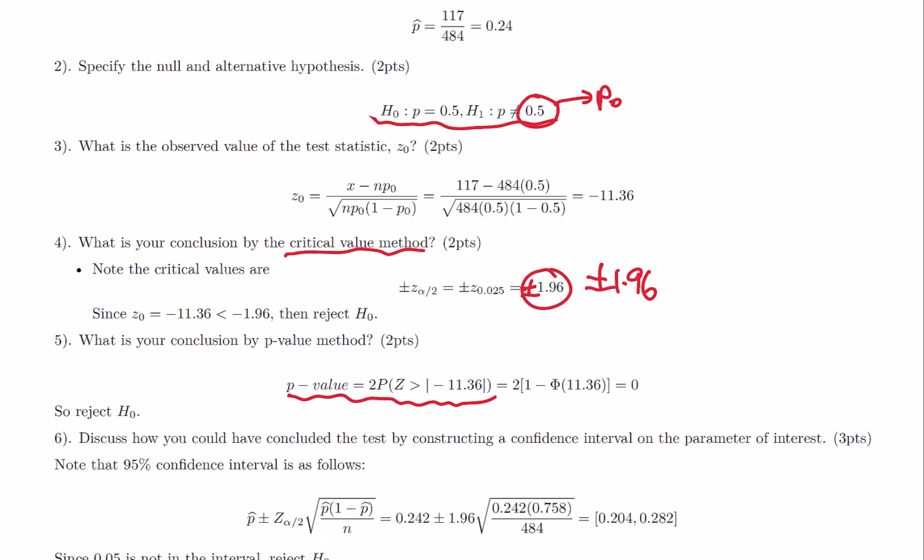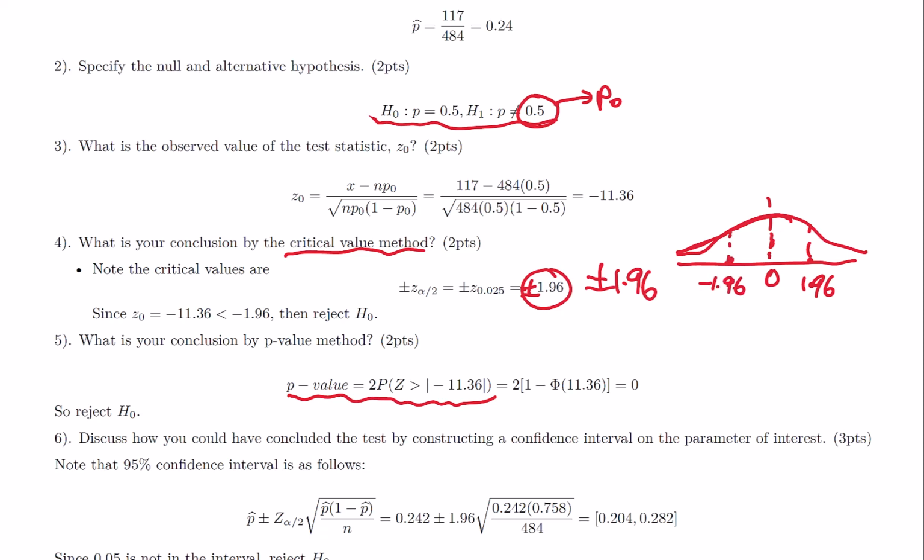Why? Because for the p-value, because this p-value is almost 0, alpha equals 0.05, of course, we're going to reject the null hypothesis. For the critical value method, why do we also reject the null hypothesis? Because think about the critical region, or rejection region. There's a bell-shaped curve right here, and then 0, and then we have what? 1.96 and negative 1.96.